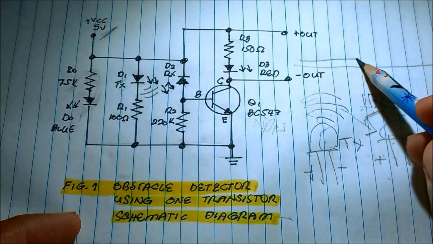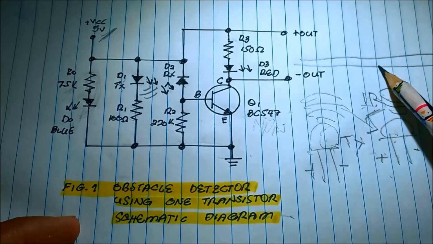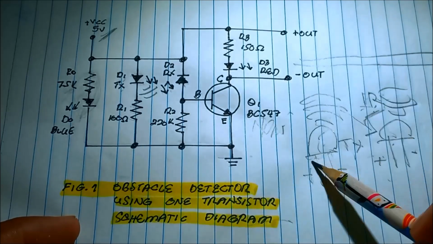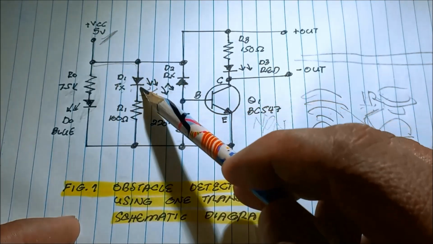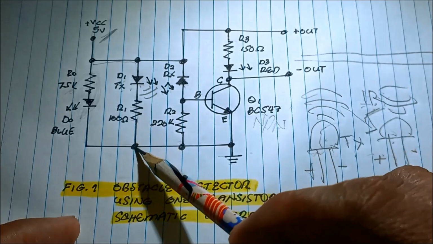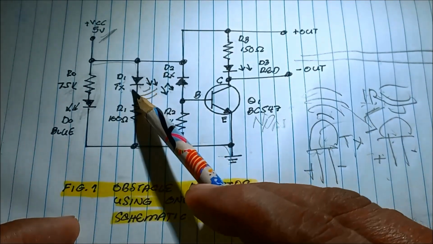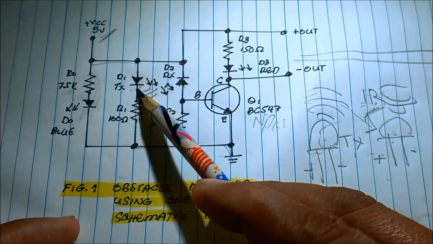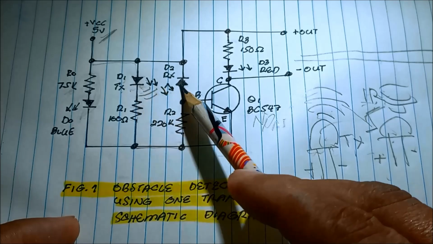That's the purpose of our project. Since our transmitter is connected to 5 volts via resistor to the ground, it is always on. So it emits an infrared light to the receiver.